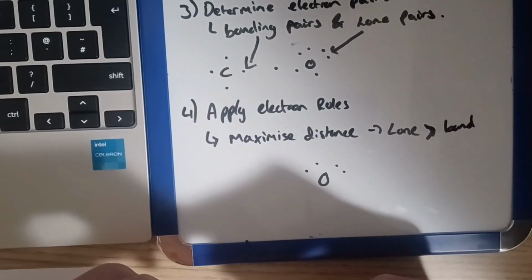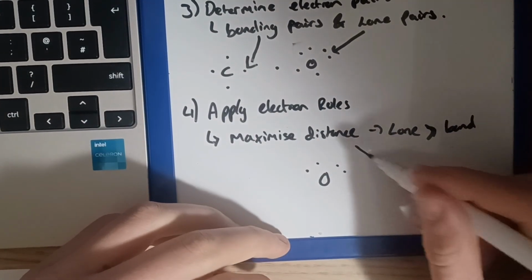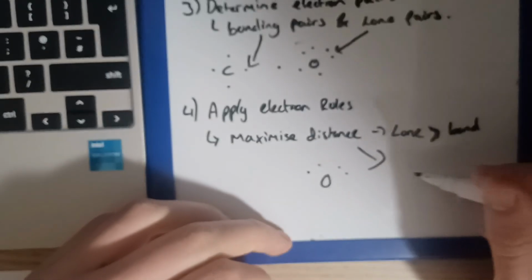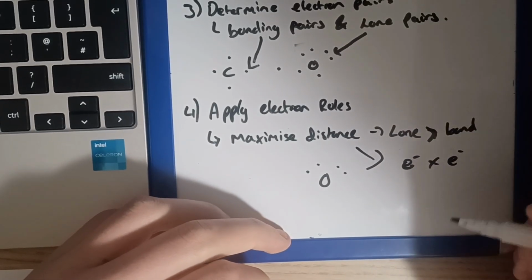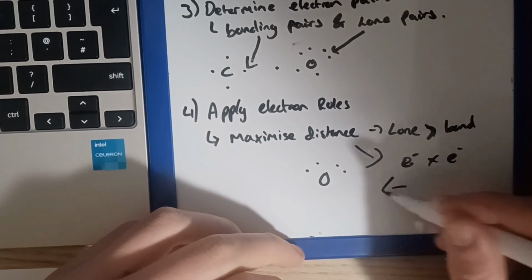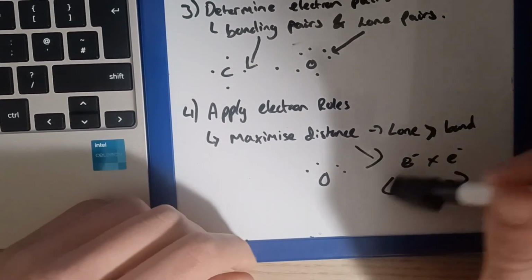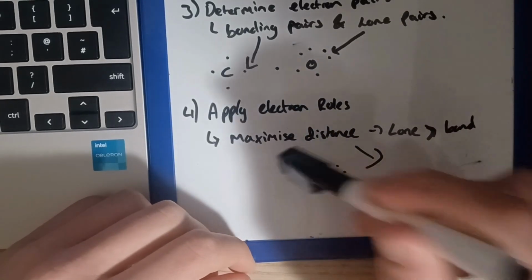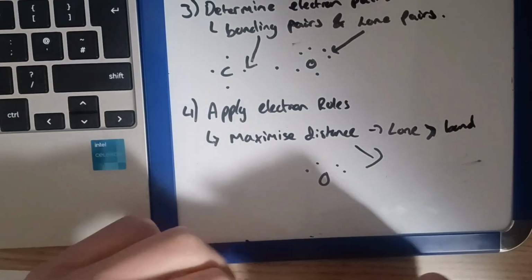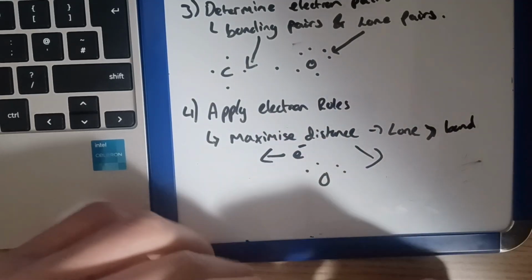So as you can see in number 4, when I say electron rules, the rule essentially is electron minus does not like electron minus. So these two will want to be as far apart as possible. And because a lone pair has 2 electrons, they're going to push other electrons further than a single electron would.